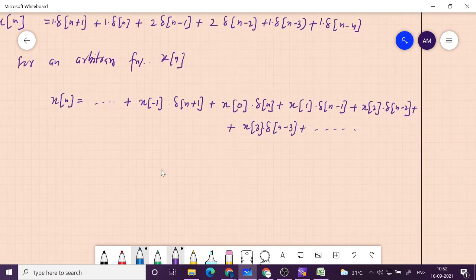Any function I can write like this. So x of minus 1 is just the value of the function x of n at minus 1.